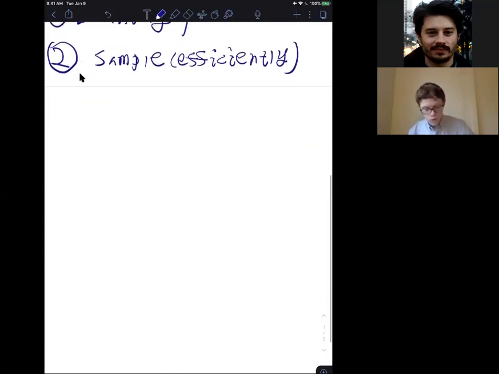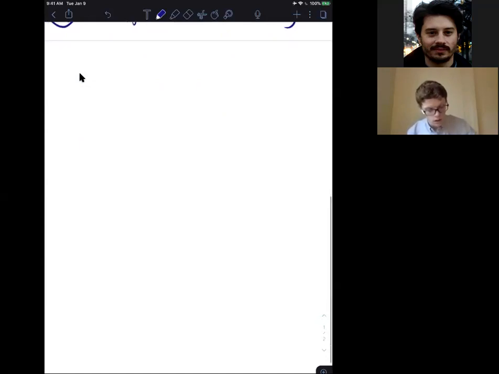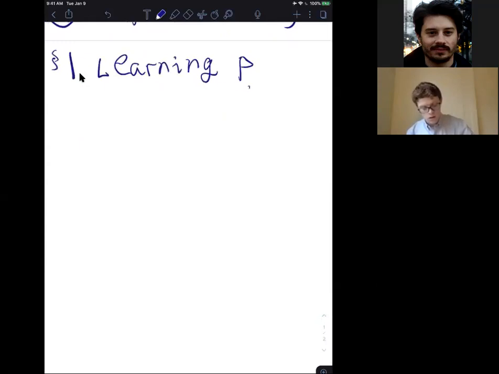So without further ado, we're going to go into part one, which is learning P. So we're going to restrict P to be on R^d, and we're just going to pick some notation.